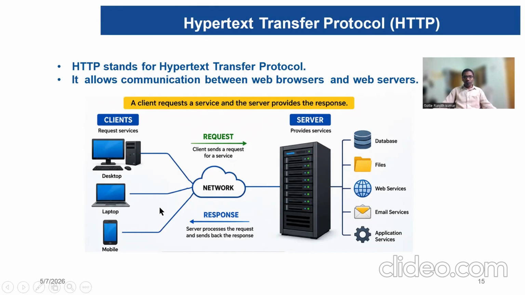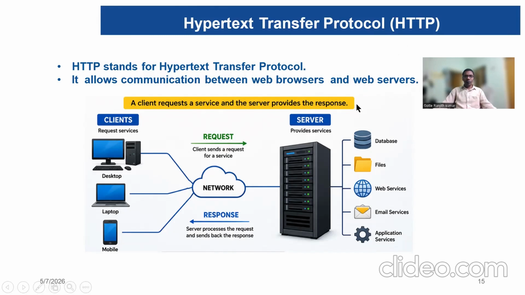So the system which is generating a request is known as the client. The system which is serving that request is known as the server. This request from client to the server and response from the server to the client will be made possible by using the protocol called HTTP protocol.